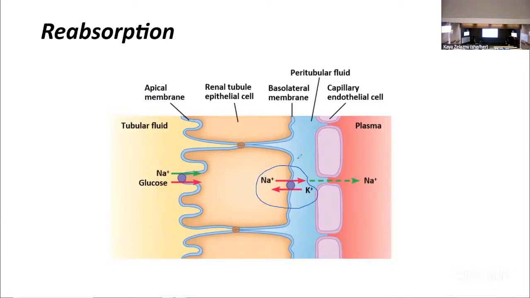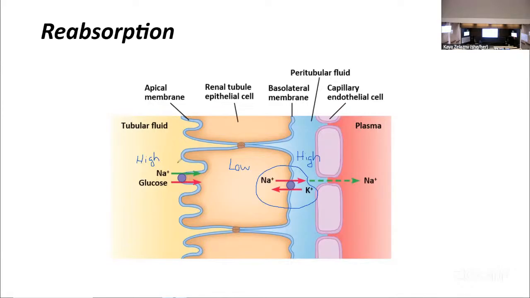So we have high concentrations of sodium in our paratubular fluid, low concentrations inside those tubular epithelial cells, and relatively higher concentrations inside the nephron in this tubular fluid.